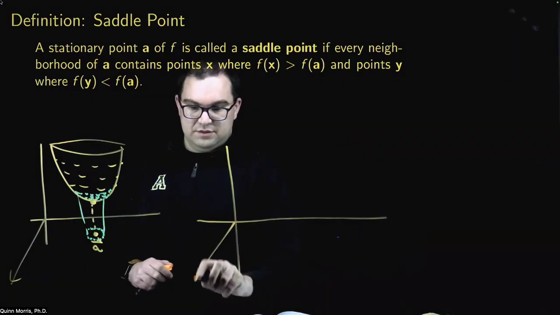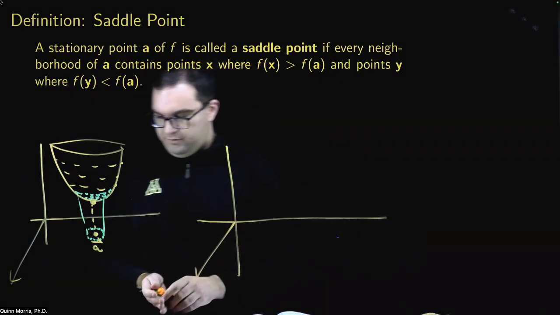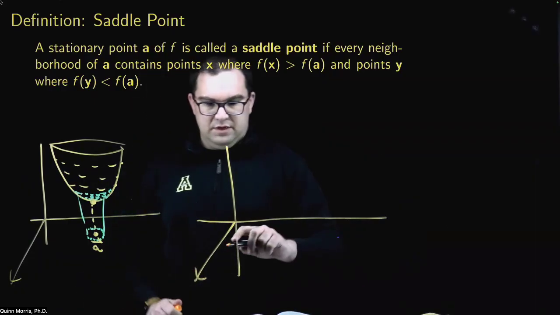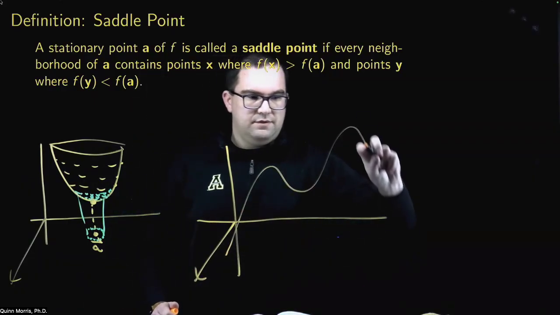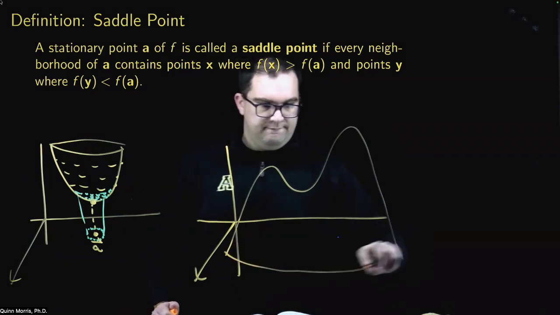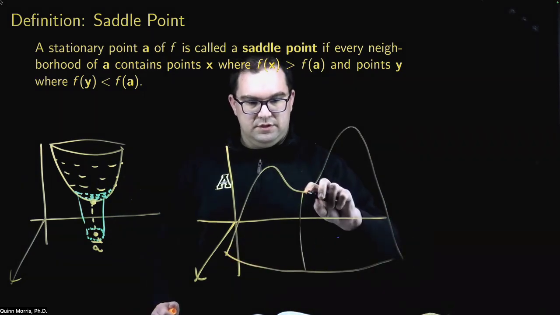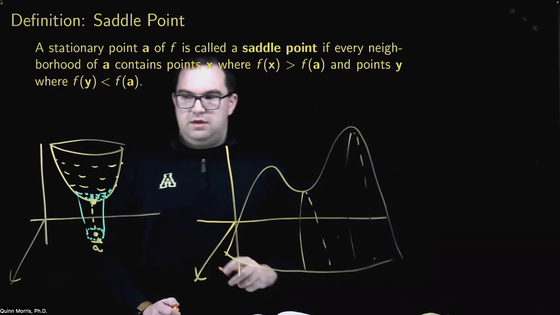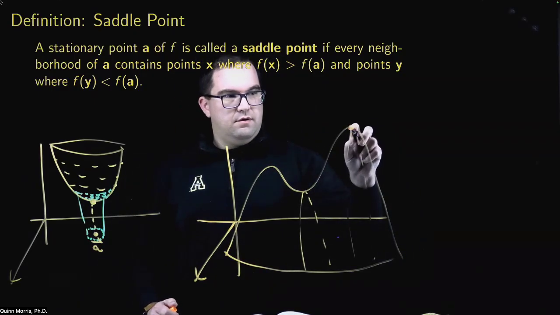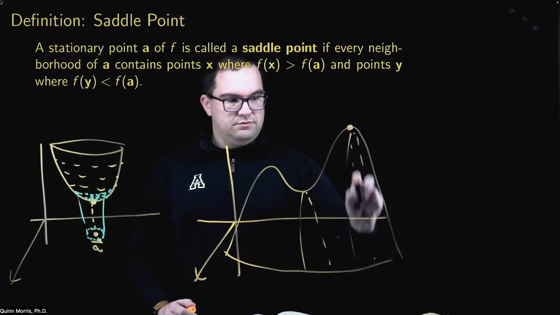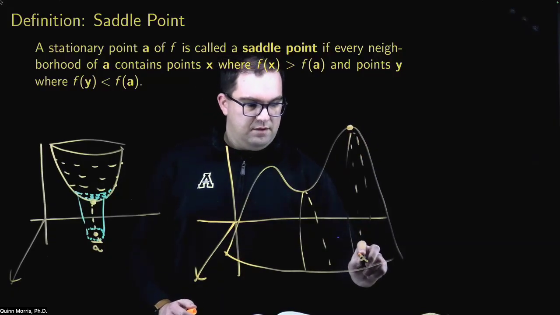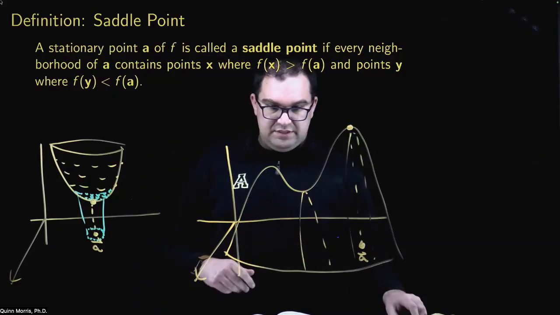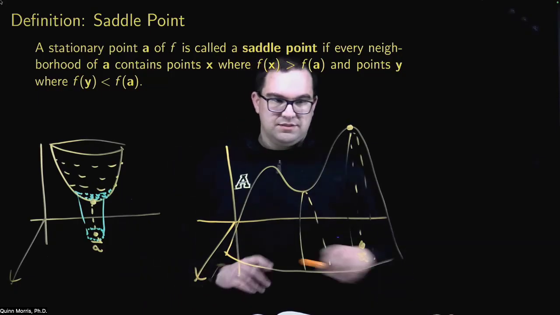Now I'm going to draw a slightly more complex figure. Let's say I have a surface that looks like this. You can imagine this looks sort of like a saddle. Here, whatever this point A is in my domain, I have a local maximum. Again, this is also a global maximum.